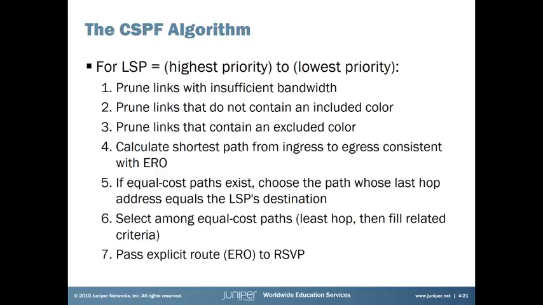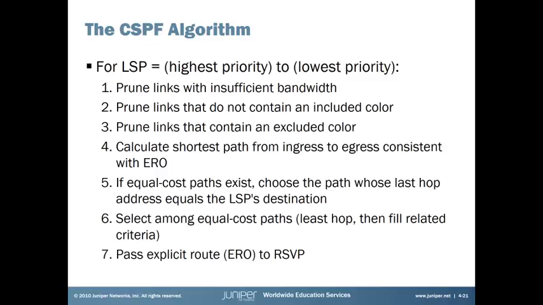So the process is, first of all, when the LSPs are requested, it will do this process from the highest priority to the lowest priority LSPs. It will prune the links that don't have enough bandwidth, prune the links that do not contain an included color, or what we should say administrative group, but it doesn't have to be a color, usually it is.